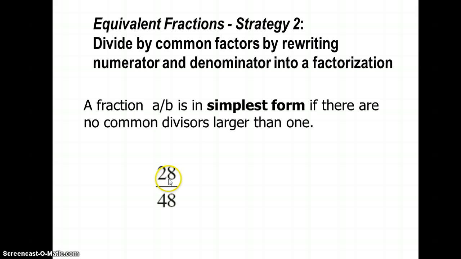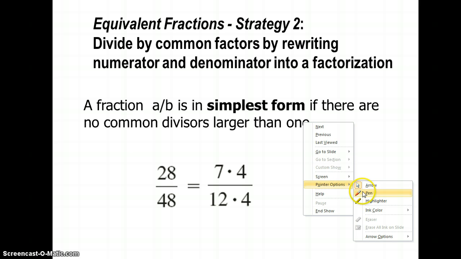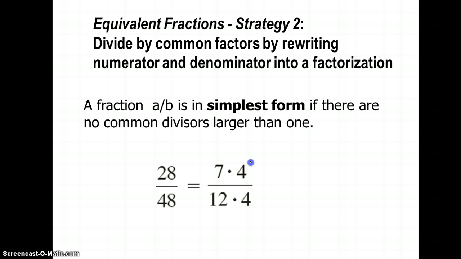So here you can rewrite 28 as 7 times 4, and you can rewrite 48 as 12 times 4. And then we can kind of divide these out. A lot of times people write that. So 4 divided by 4 is 1. So technically, you have a 1 here and a 1 here.